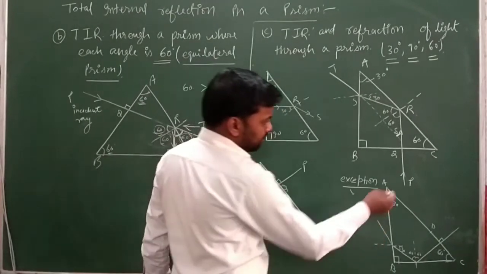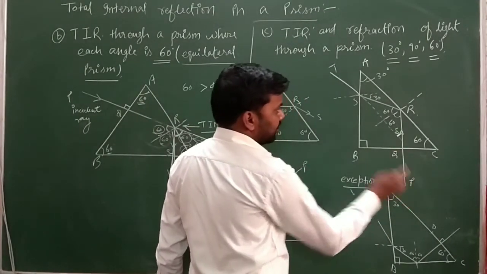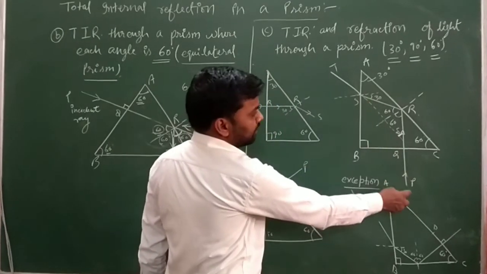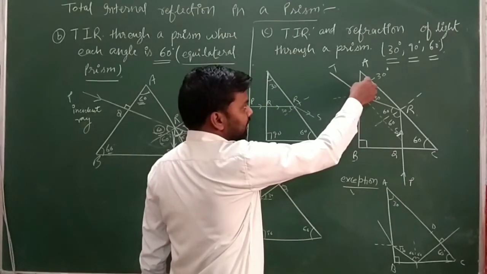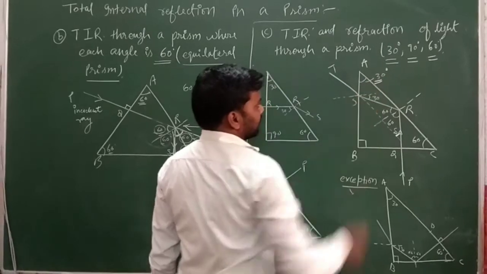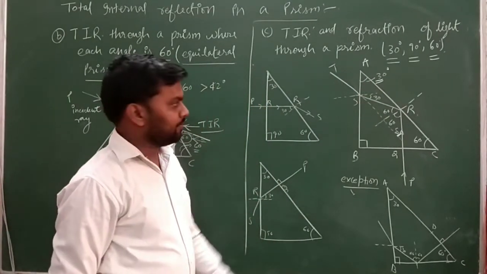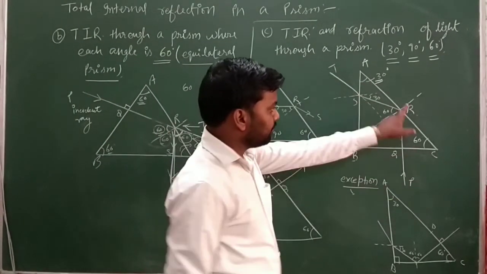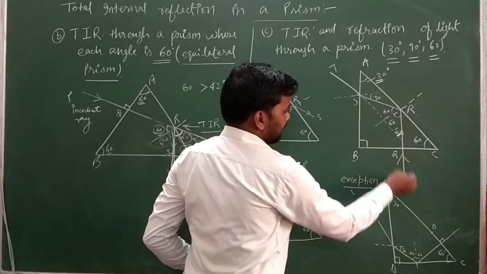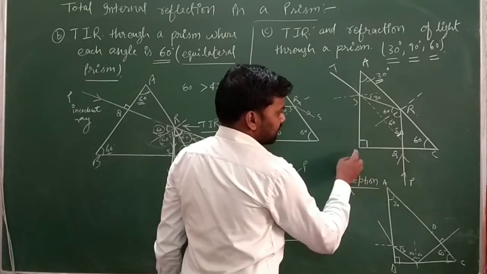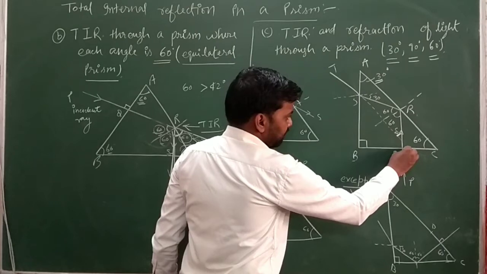We are throwing a light ray from this side. Remember students, we will throw the light ray from the side opposite to the 30 degree angle. It is the incident light ray, that is PQ. It strikes the base BC perpendicularly.